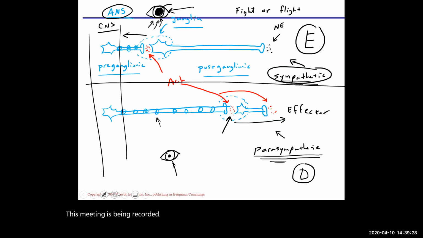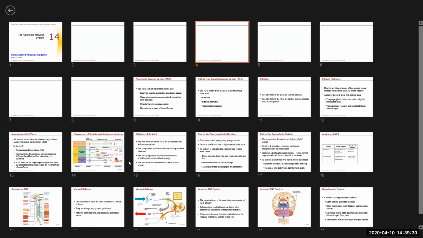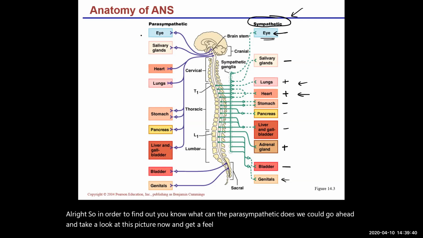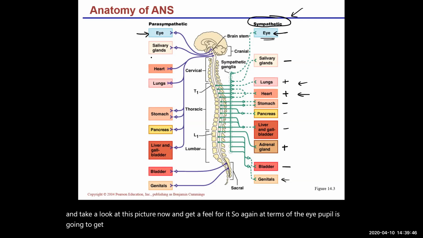All right, so in order to find out what the parasympathetic does, we can go ahead and take a look at this picture now and get a feel for it. So again, in terms of the eye, the pupil is going to get constricted, all right? And as far as the salivary gland goes, this stimulates it.